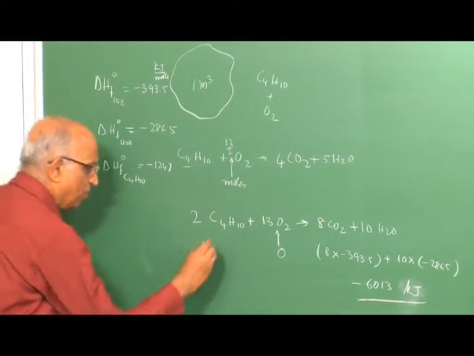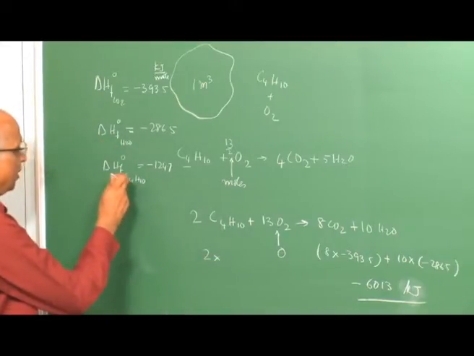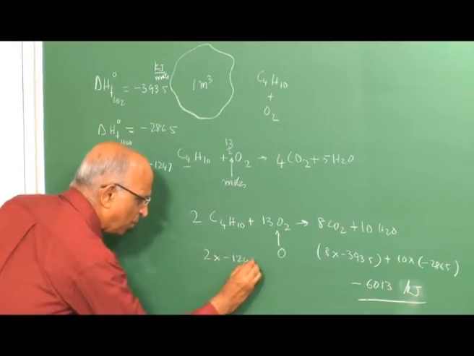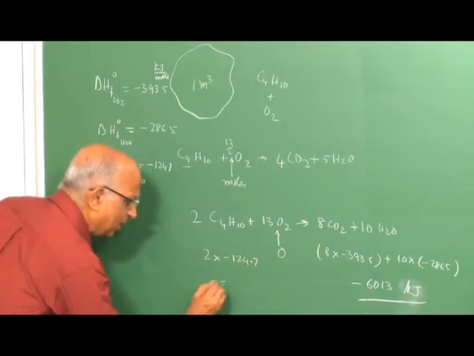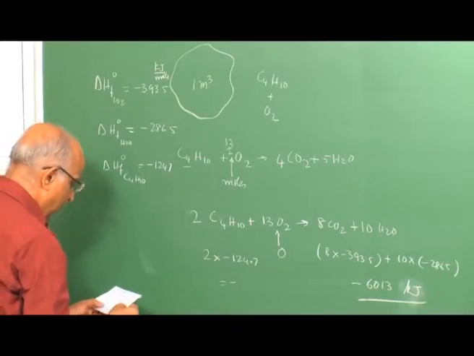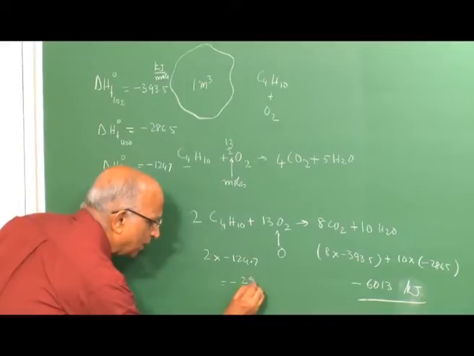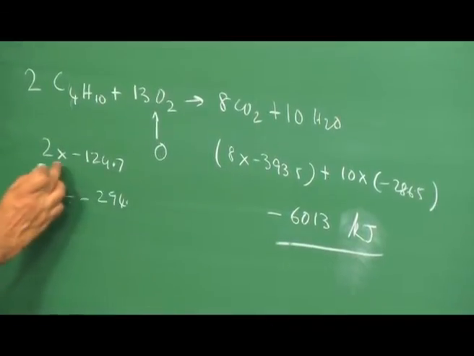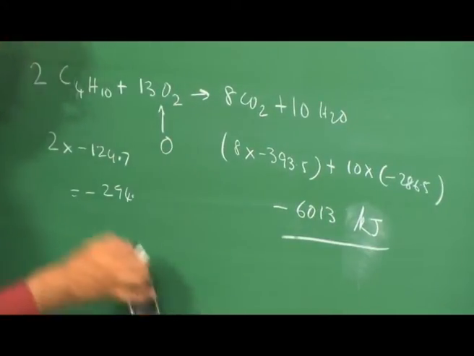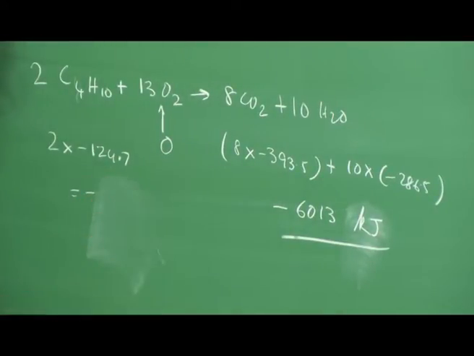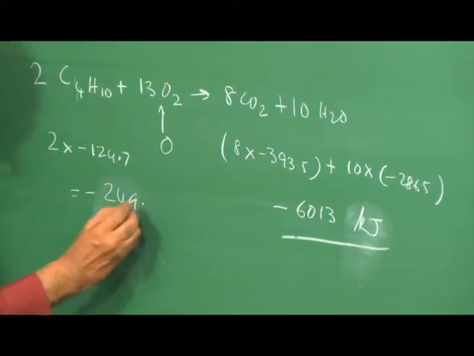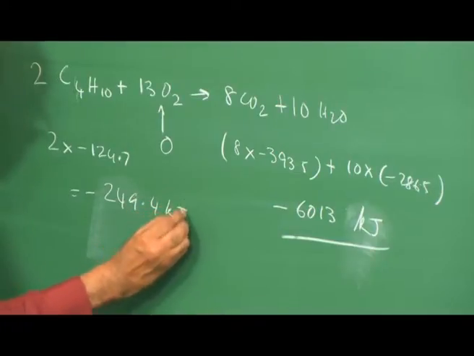The heat of formation of butane we had as minus 124.7, and the heat of formation of the 2 moles is 2 into this, which is equal to minus 249.4 kilojoules.